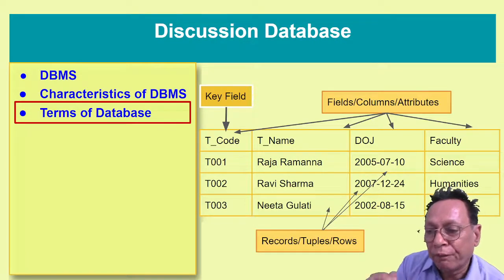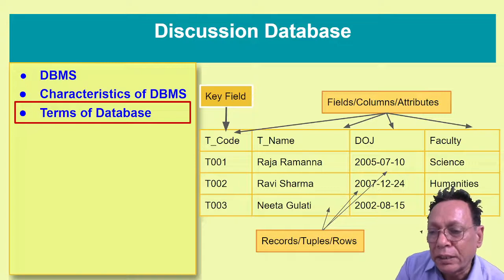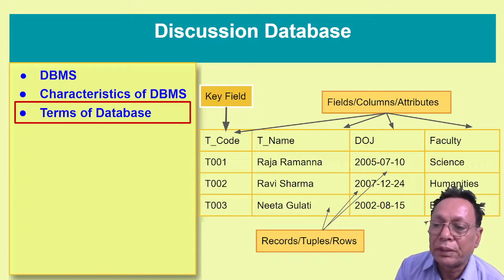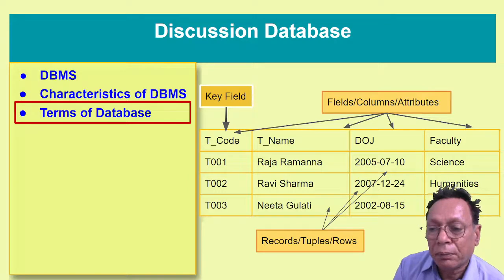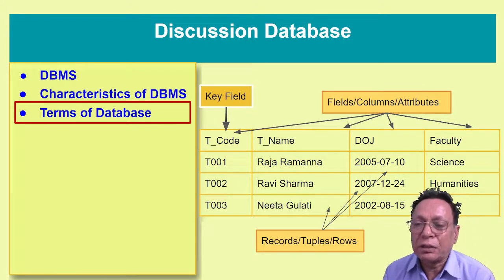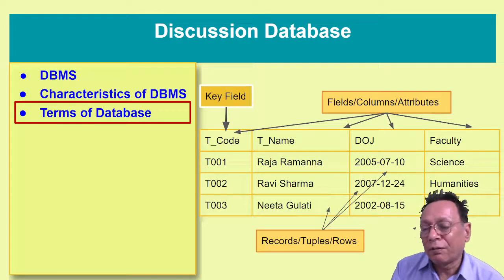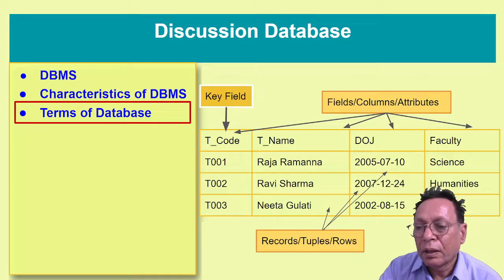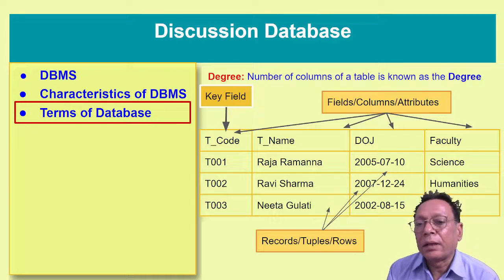When you store the records into the table, they are known as records. You can say them rows, you can term them as tuples. The collection of columns or attributes, or collection of rows or records, is known as degree.